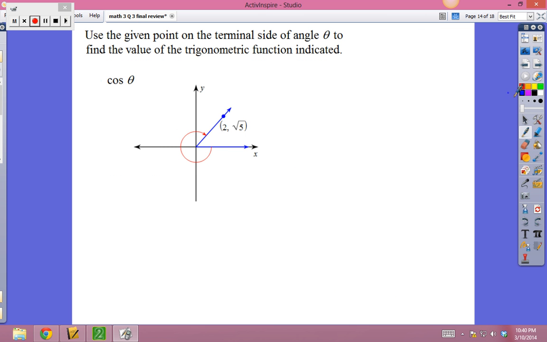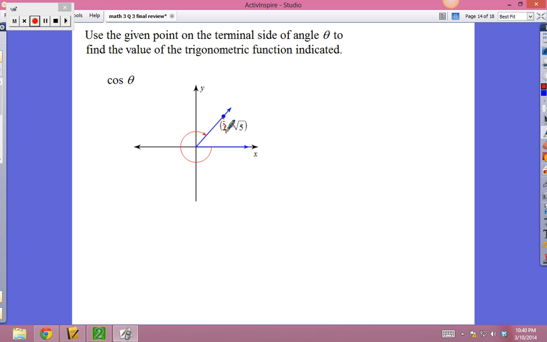Okay, now we're going to give you a point. So this point 2 square root of 5, here's what you're looking at. You need to look at this triangle. And this is over 2 and up square root of 5. So it's not really looking at angles. Now you're just looking at sides, you're looking at lengths. And I need to find this piece, and I'm going to use Pythagorean Theorem because there's a 90.